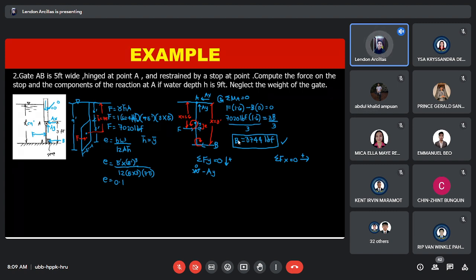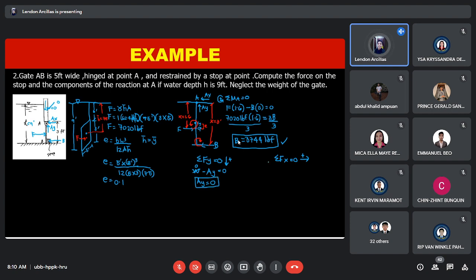Again, bakit pataas yung A sub Y? Sinusuportahan kasi niya yung weight ng concrete. Yung A sub X is pa left because sinusuportahan niya yung puwersa ng tubig or hydrostatic force. So yun, magiging minus A sub Y kasi pataas yung A sub Y equal to 0. Therefore, A sub Y is equal to 0.